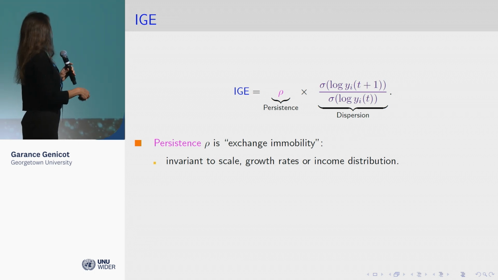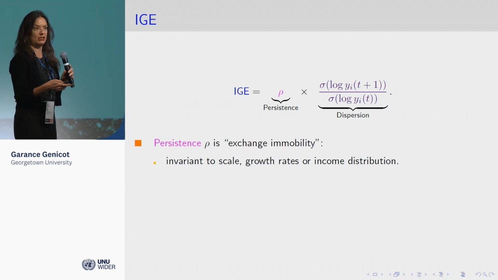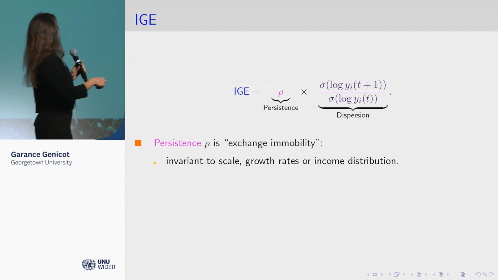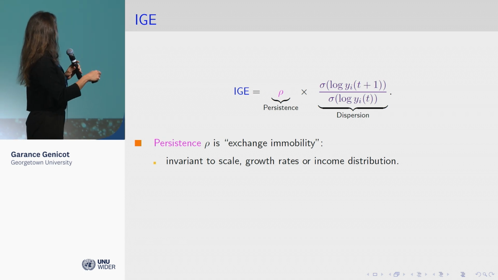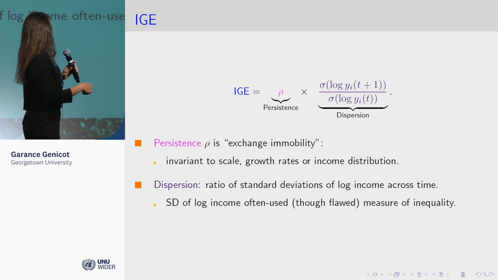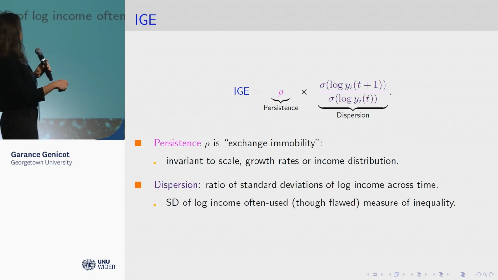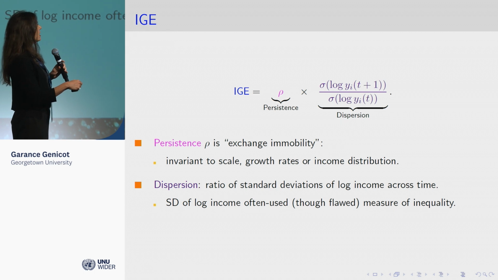This is invariant to scale, growth rates, or income distribution. And then the other component that comes into the IGE is what I can call a dispersion. And this is the ratio of the standard deviation of the log income of the children divided by the standard deviation of the log income of the parents.